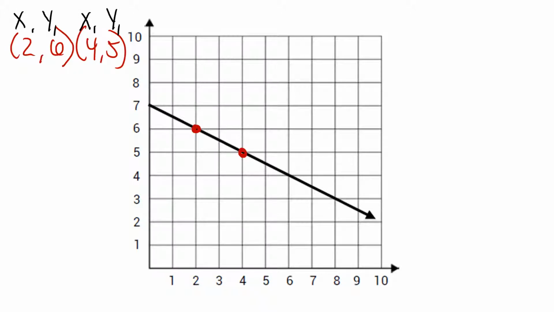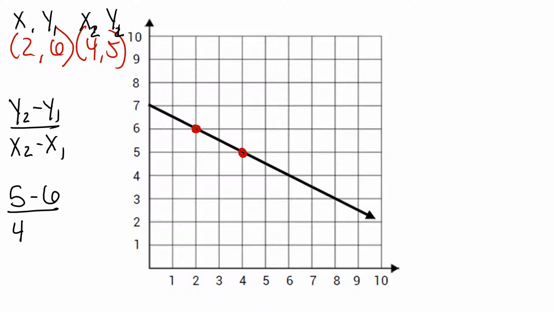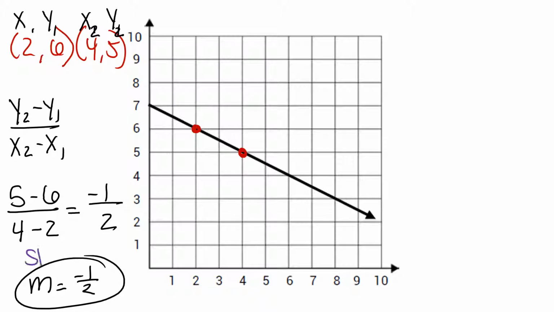We label them x1 and y1, x2 and y2. We plug them into the slope formula, y2 minus y1 over x2 minus x1. y2 is 5, minus y1 is 6. x2 is 4, minus x1 is 2. 5 minus 6 is -1. 4 minus 2 is 2, meaning our slope, our m value, is -1/2.